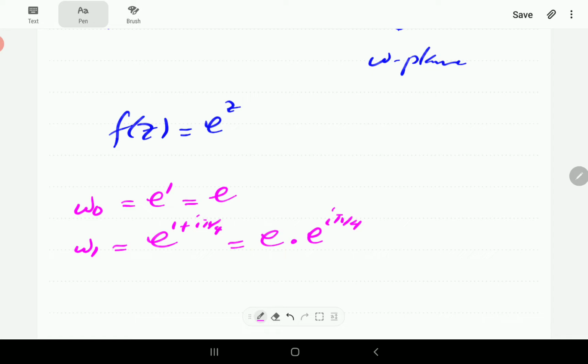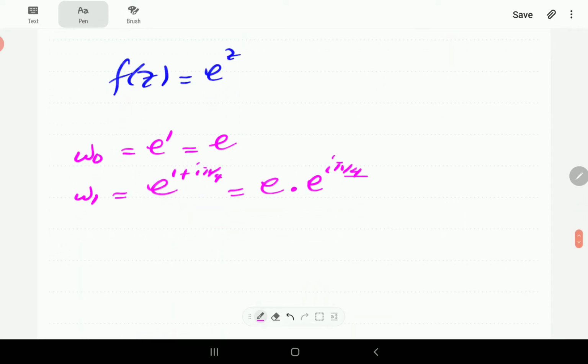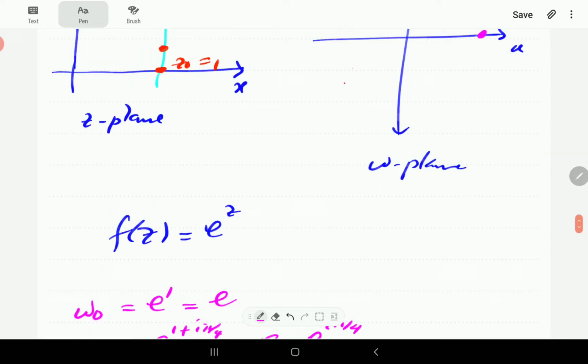Now, from our knowledge of the exponential representation of complex numbers, this is a number located at distance e from the origin. So it's going to be on the same circle as w0, but the argument is going to be pi on 4.